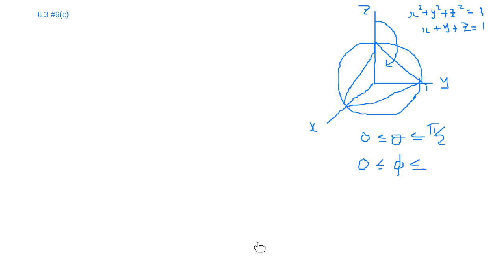That plane goes all the way up to here. So phi will also go from 0 to pi over 2.